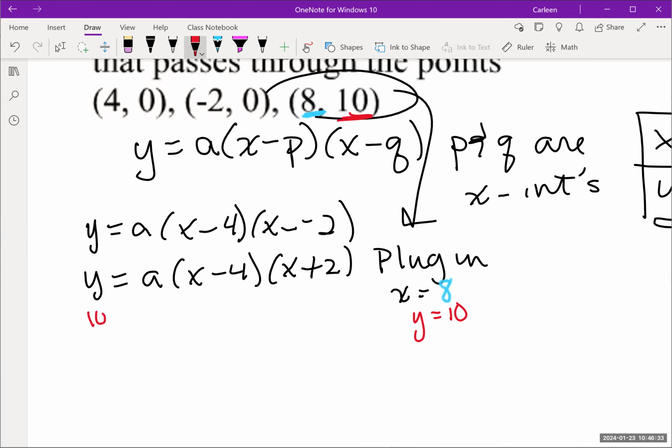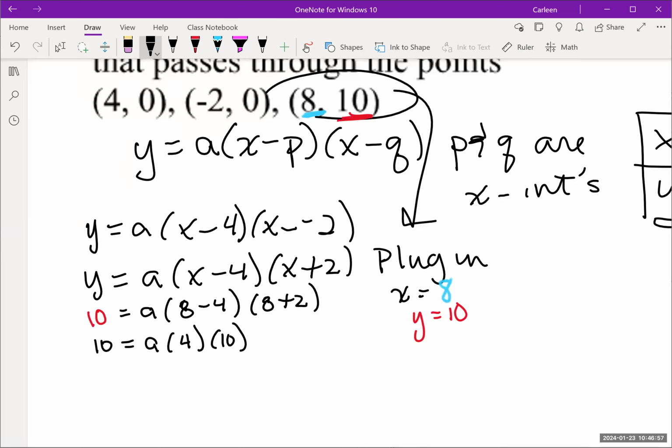So y equals 10, and x is 8. So clean that up. We have 4 and 10.